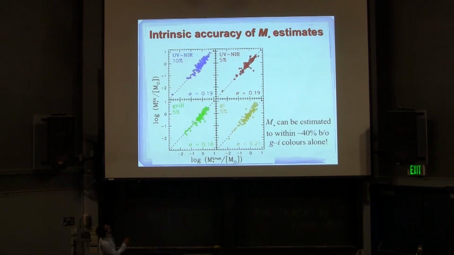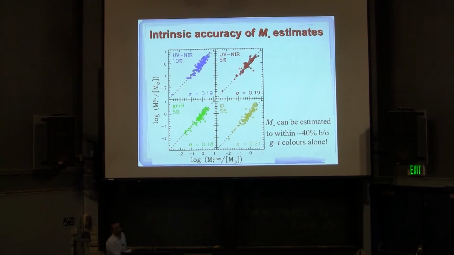And this figure here shows an experiment with mock galaxies where on the vertical axis we're plotting the fitted stellar mass versus the input stellar mass for various combinations of observational constraints. So we have UV through NIR SED sampled with UV through near-infrared filters in the top 2 panels.